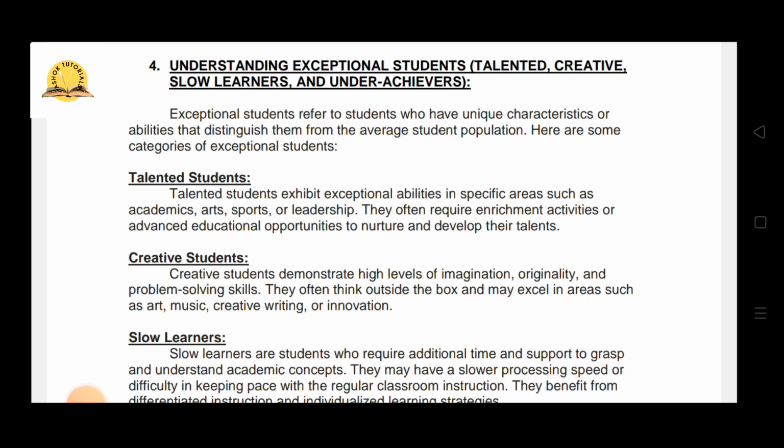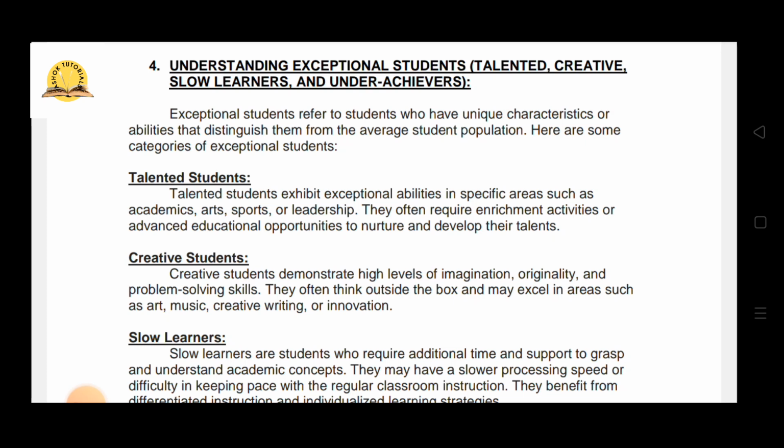So they have different talents. What we think, oh, this boy is talented, means he is very good at studies, he is a topper of the class. No, that is not talent. Talent can be art, talent can be sports, and talent can be leadership skills. So whenever we say talented, we mean all these domains, right?